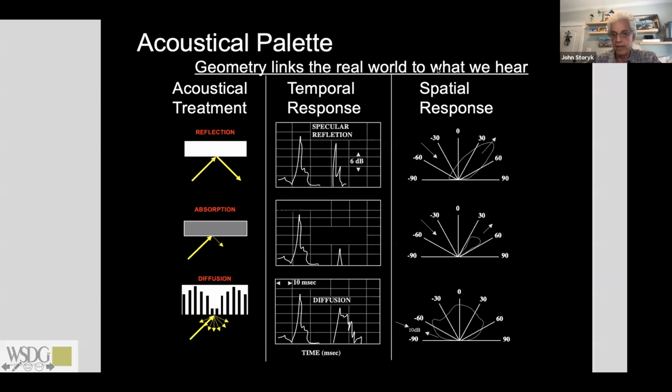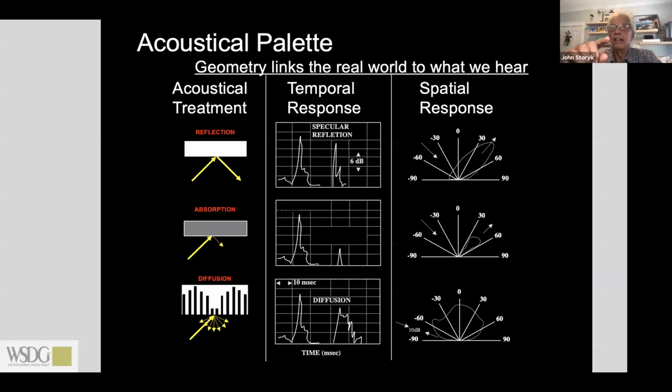We have geometry as a tool, which I think is the most exciting tool. I'm a little partial to that because I'm an architect by training. The shape of our rooms, which also means the positioning of speakers and listeners. So that's geometry, okay? And then we can take surfaces and make them reflective, absorptive, or diffusive on a frequency by frequency basis.